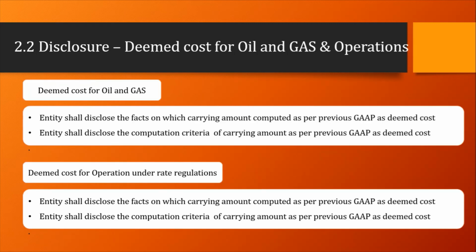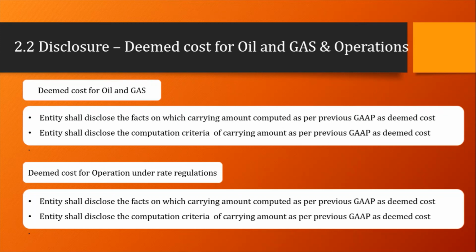Topic number 2.2, here we will discuss, not in detail, the deemed cost for oil and gas, as well as operations whose rates are regulated through regulations. The treatment is the same.